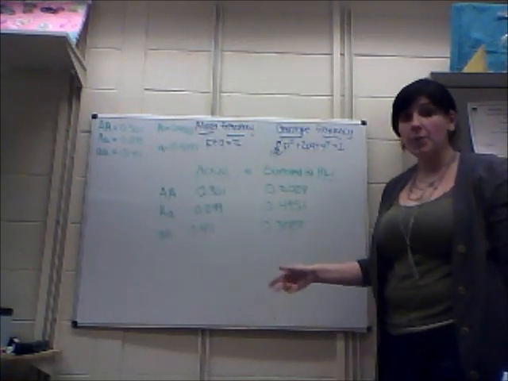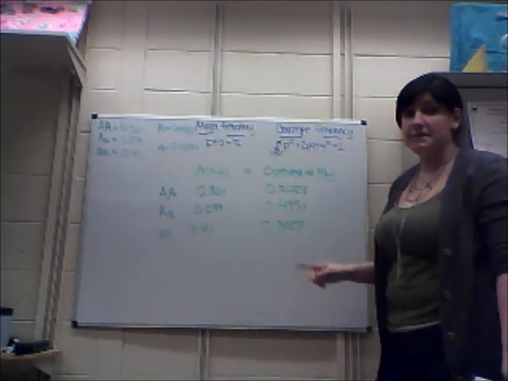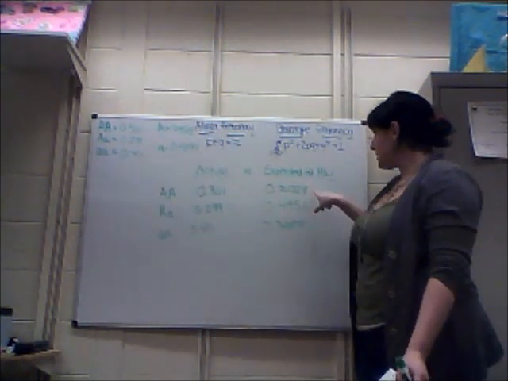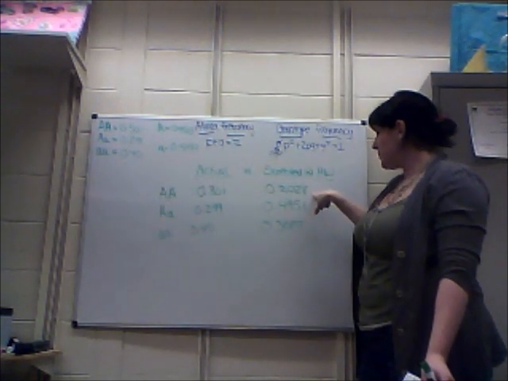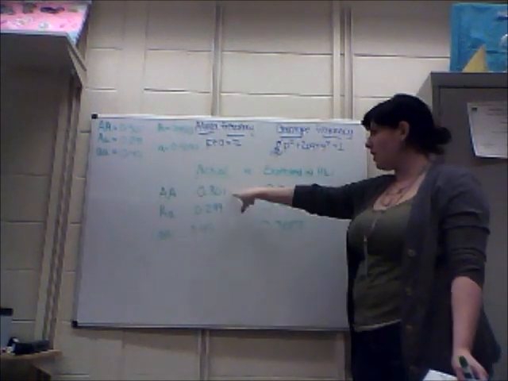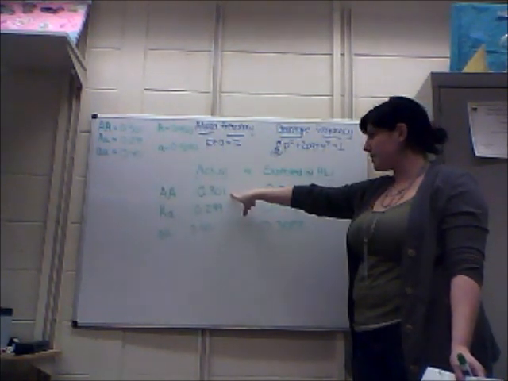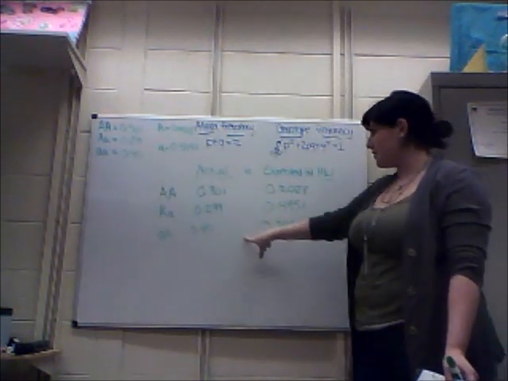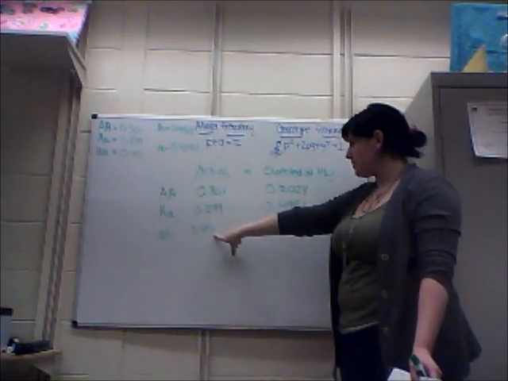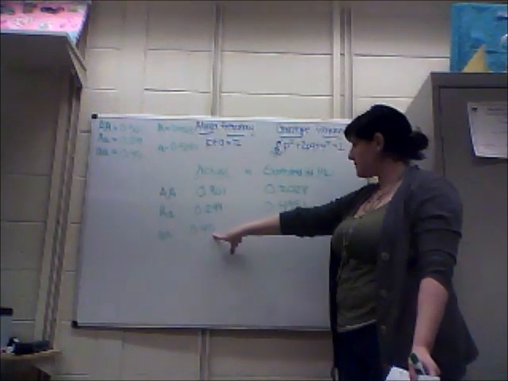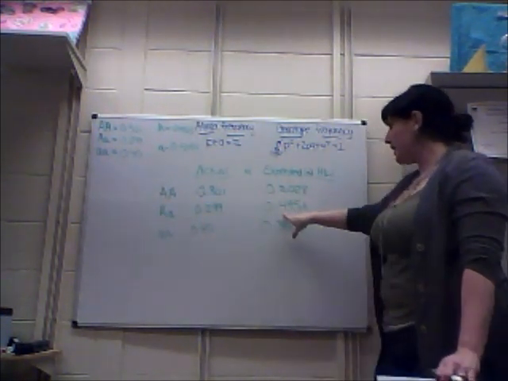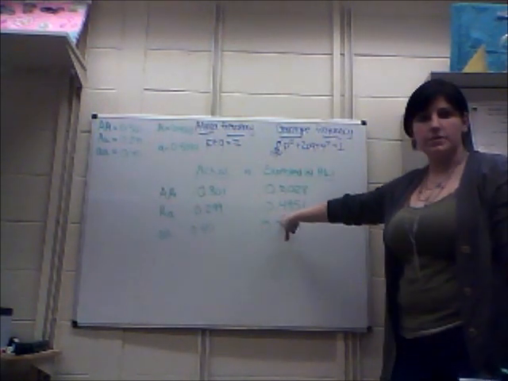What's going on? Well, we can take a closer look at these numbers and figure out where the differences are. So our expected homozygote dominance is a lot lower than our actual homozygote dominance. Our expected homozygotes recessive is lower than our actual homozygotes recessive. Actual heterozygotes are a lot less than our expected heterozygotes.